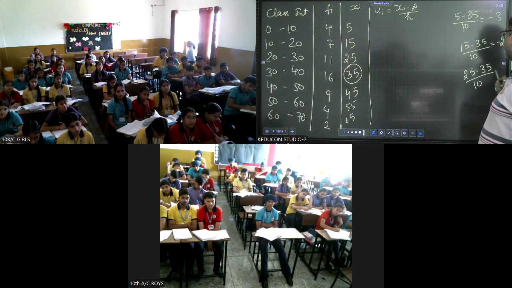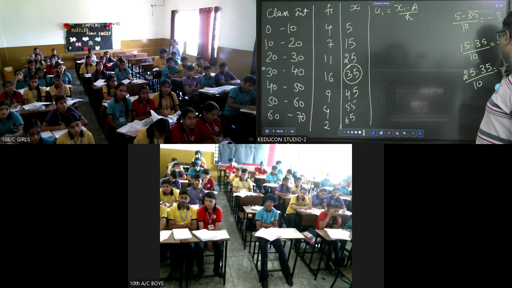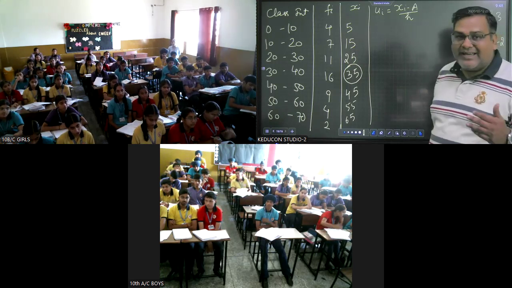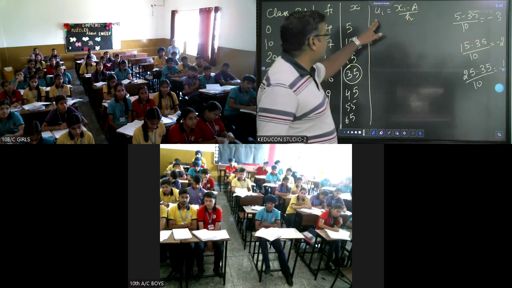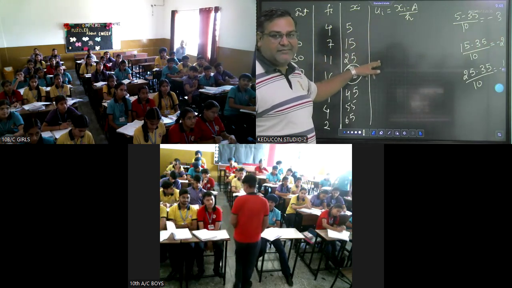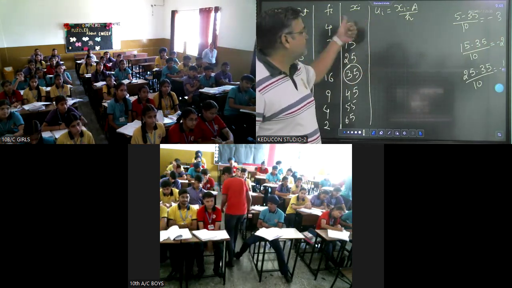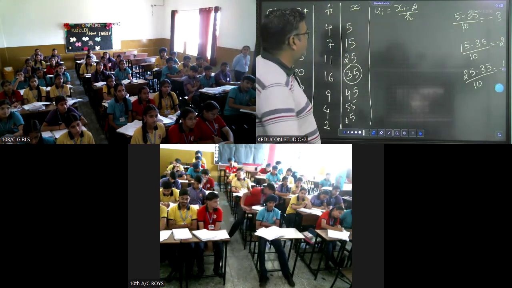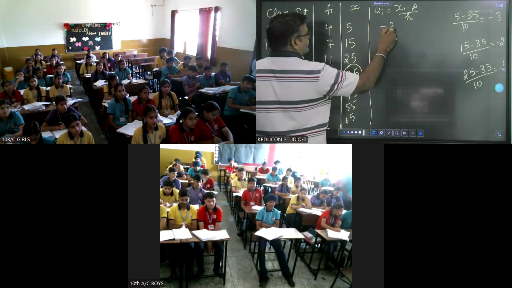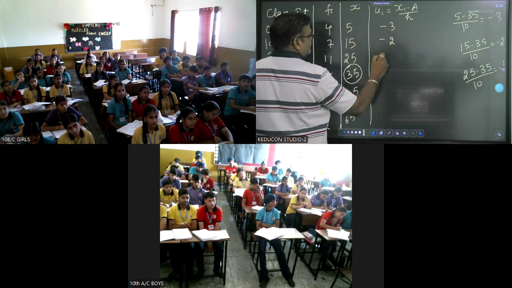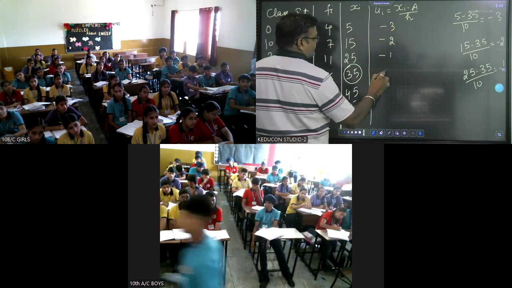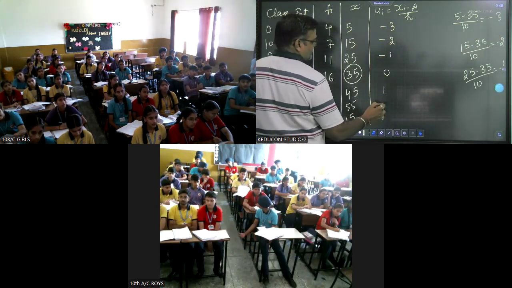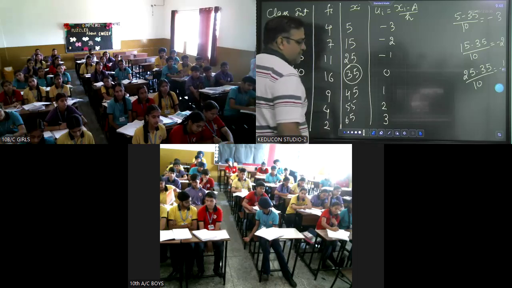Are you getting it? You would have done this question by the assumed mean method. There it would be minus 30, minus 20, minus 10. But here in the step deviation method, it will be minus 3, minus 2, minus 1, 0, 1, 2, 3.